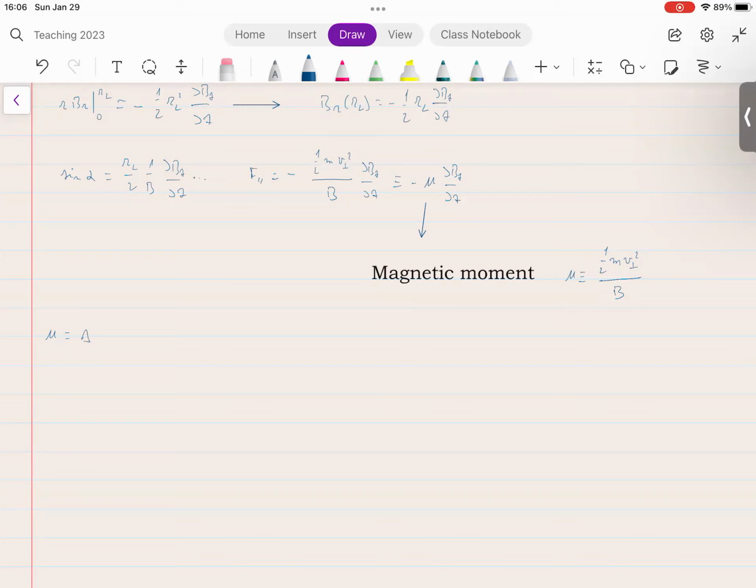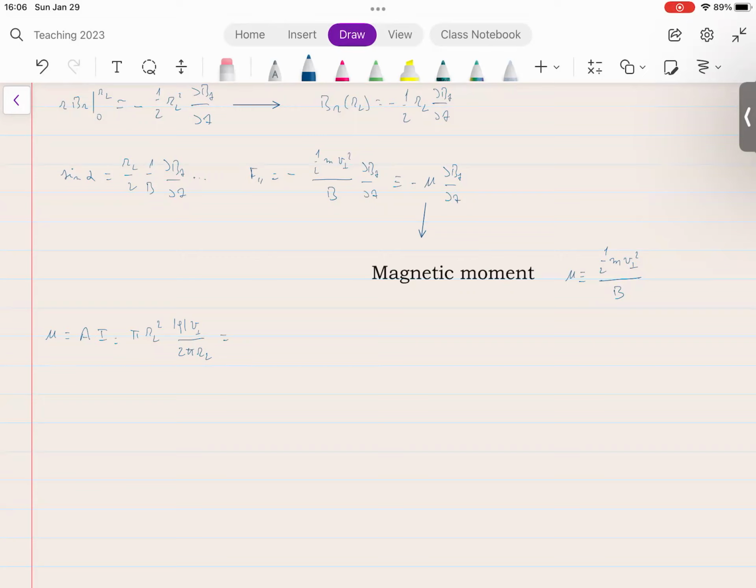That is going to be the area times the current. So that's pi Larmor radius squared. The current is going to be, I'm just going to use the absolute value, Q V perp divided by 2 pi Larmor radius. So that's the length.